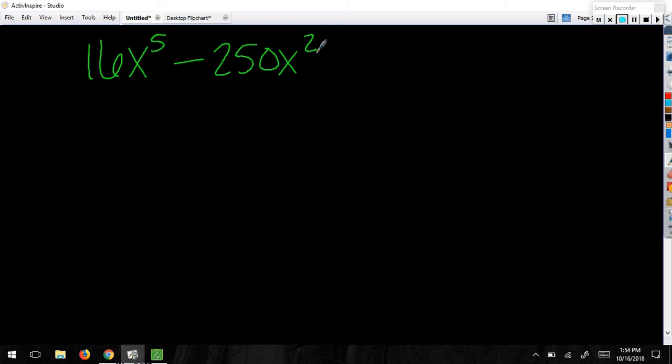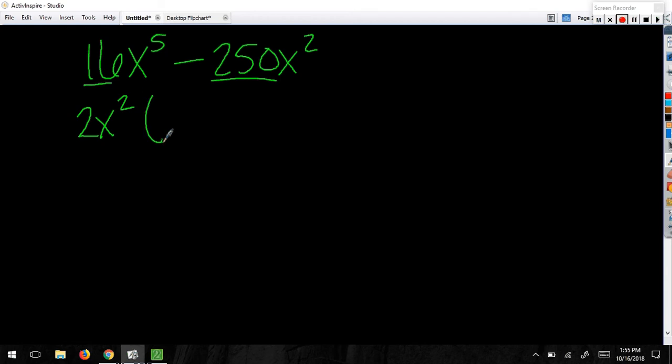Yes. 2. I can divide both of these numbers by 2. How about the variables? Can I take any variables out? Yes. 2 x's also, right? Do we all agree that's the GCF? Remember whenever we talked about GCFs? The biggest thing you can divide both numbers by and the most of the variables you can pull out.